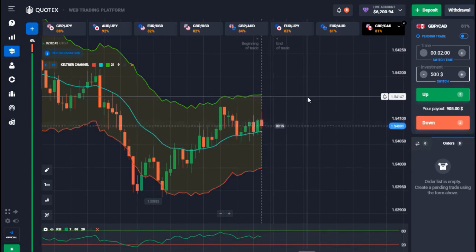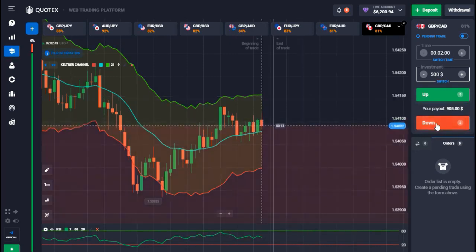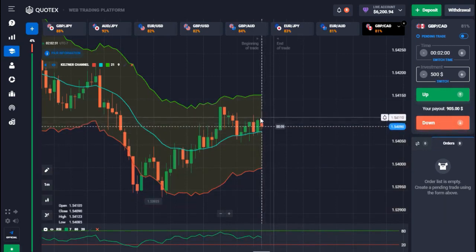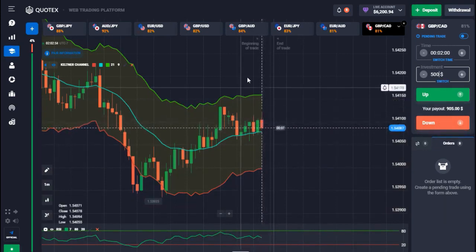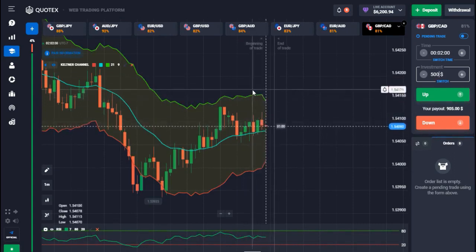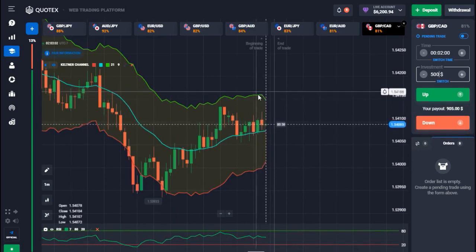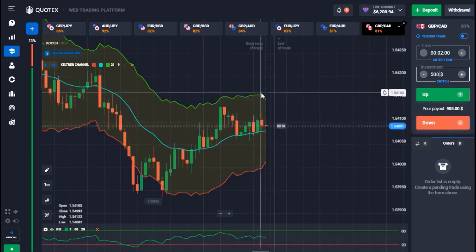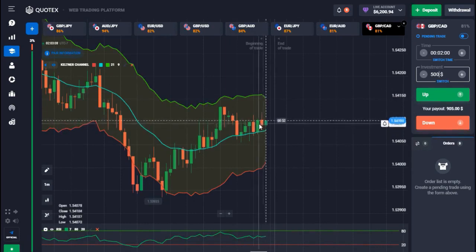The number one thing we're looking at, anytime we're taking a trade, if you're going for a down trade, is that we always make sure we have our candlestick in a very strong overbought position. What I mean by that is we have our candlestick in a very strong overbought position, or we can set it in a very strong resistance area. Let me use this as an example.